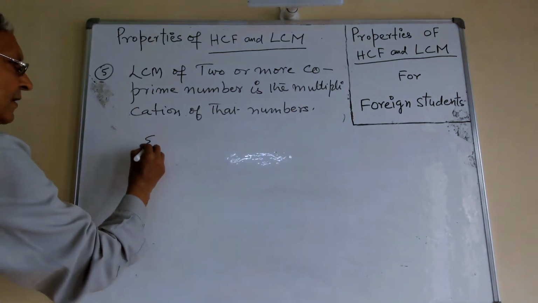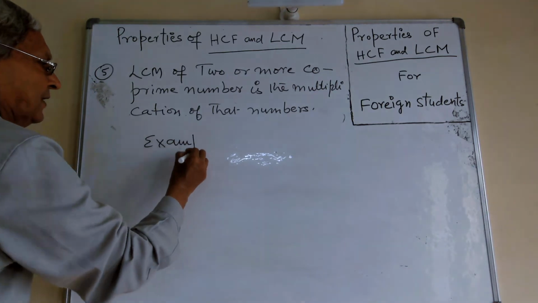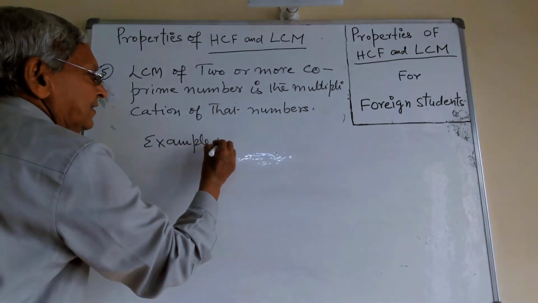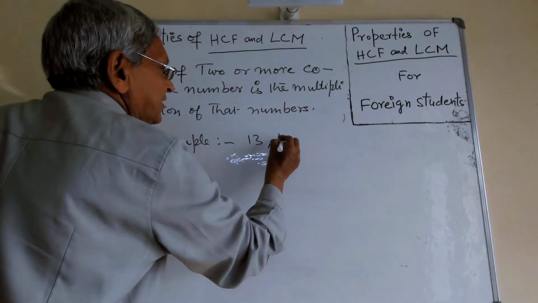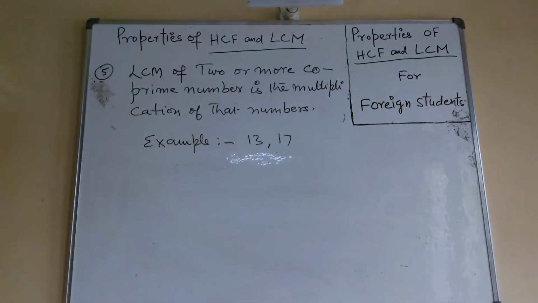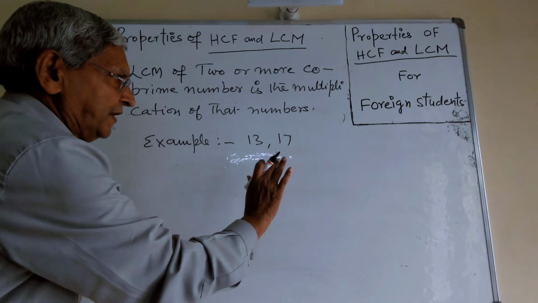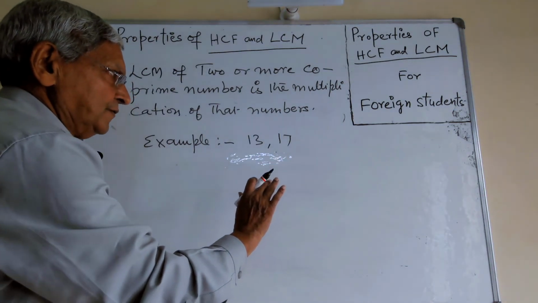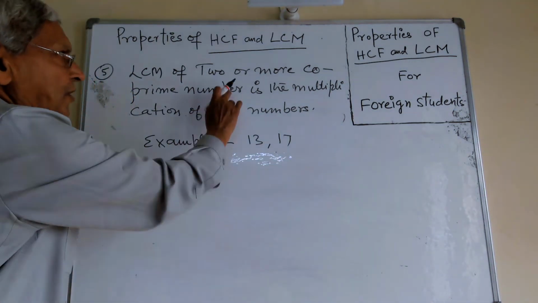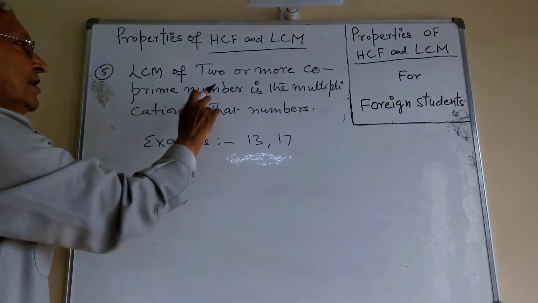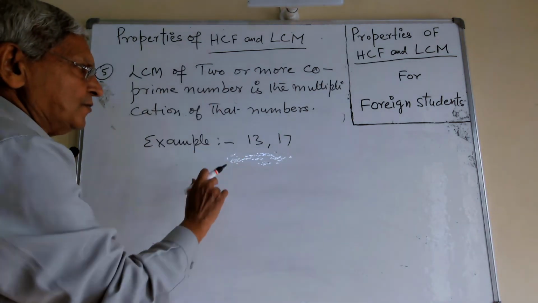Here, the example is 13 and 17, the same example. You see again, these two numbers have no common factors. So, according to the statement written above, there is no common factor.